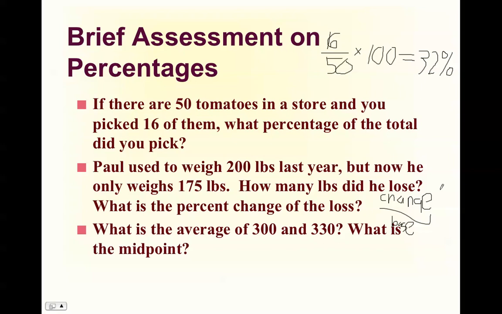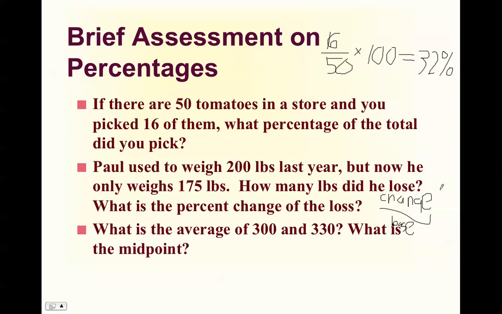Now the change in this case was the difference between 175 and 200, which is 25. The base is the tricky part. The base is where you start from, and where you start from is 200 in this case. So 25 over 200 is going to be 12.5%. Now, if it was a weight gain, you weighed 175 and you now weigh 200, the change is still going to be 25, but the base is now going to be 175, and you're going to get a very different answer.